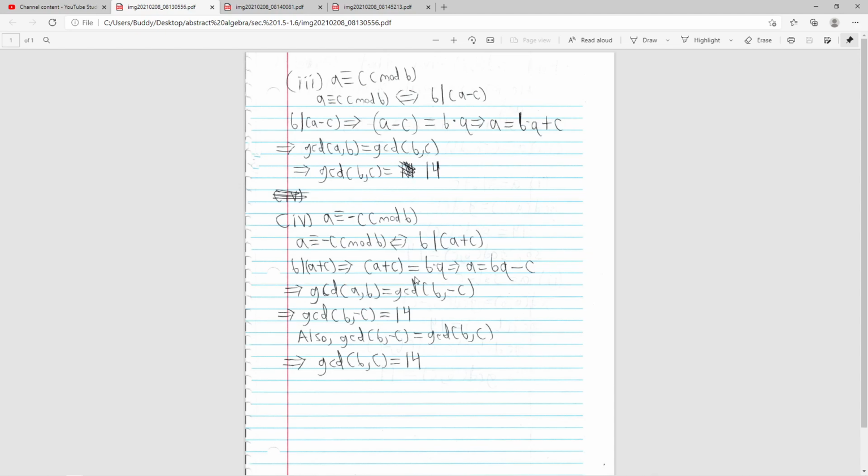And this one is the same type of thing, except we have a negative, so it's just one extra step. A congruent to negative C modulo B is equivalent to B divides A plus C, which implies that A plus C equals B times Q, which implies that A equals BQ minus C.